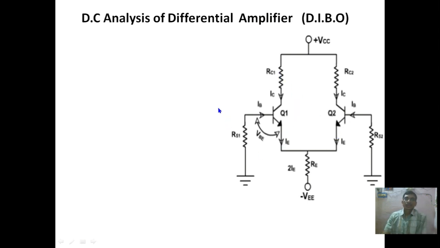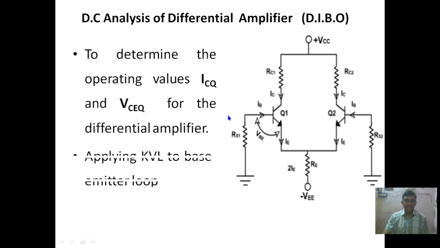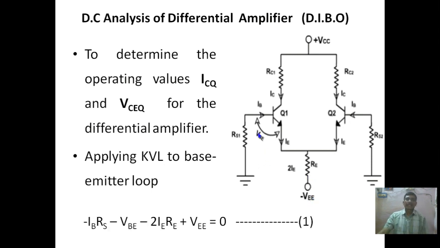First of all, to determine the operating points ICQ and VCEQ, we are going for the DC analysis. We have to apply KVL for the input side section. So here it is the input side, and here we are going to apply the KVL. In this entire loop, the voltage present is minus VEE. We can write the KVL equation like minus IB RS.